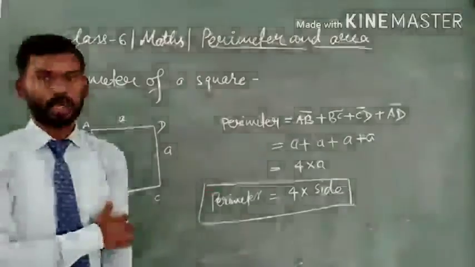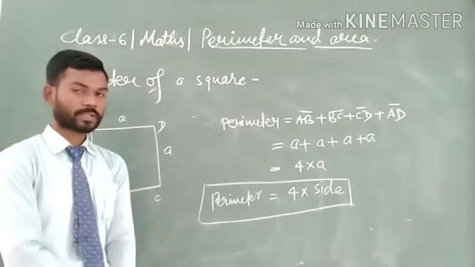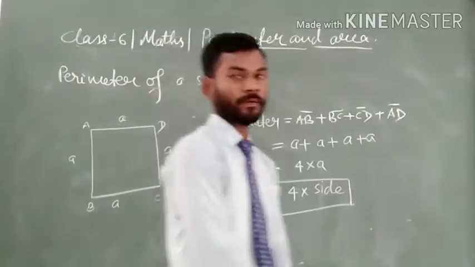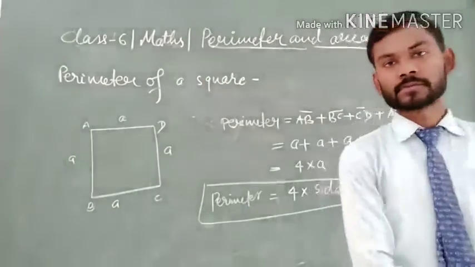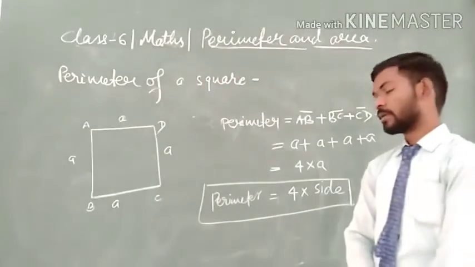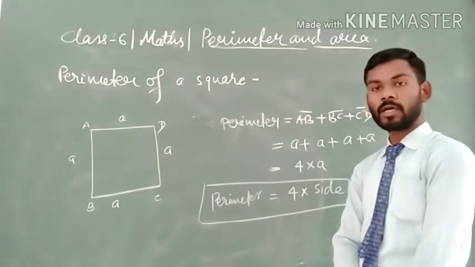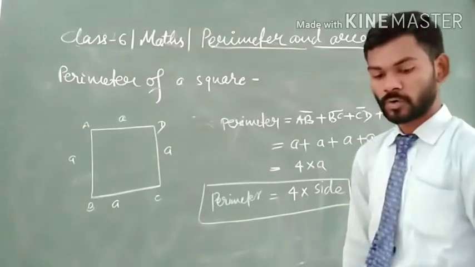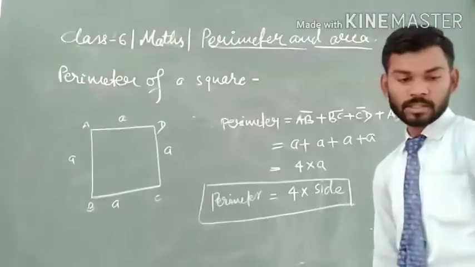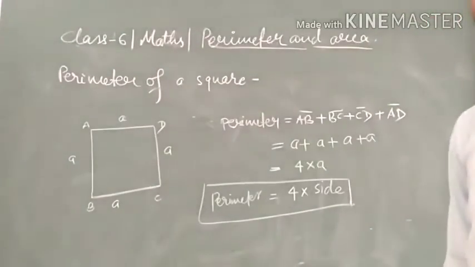Okay students, I hope it is clear. So whenever we find the value of the perimeter of a square, we use this formula. Now let us see an example on it.